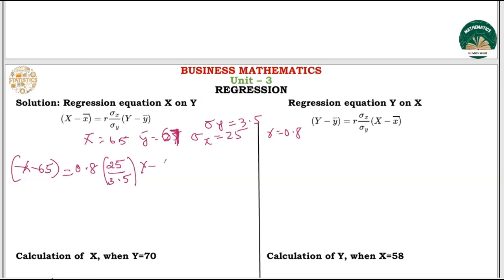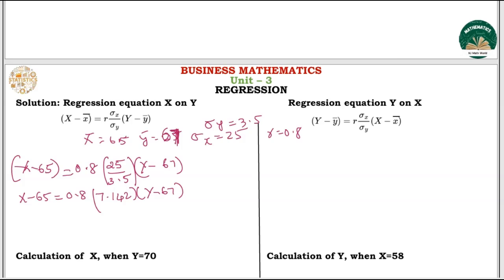Y bar is 67. So now x minus 65 equals 0.8 into, if you calculate 25 divided by 3.5, it will be 7.142, into y minus 67.